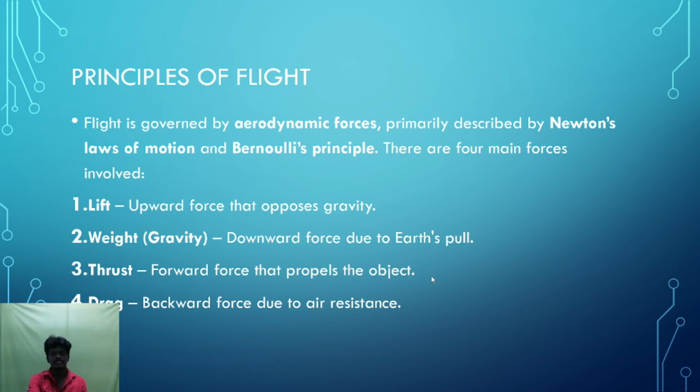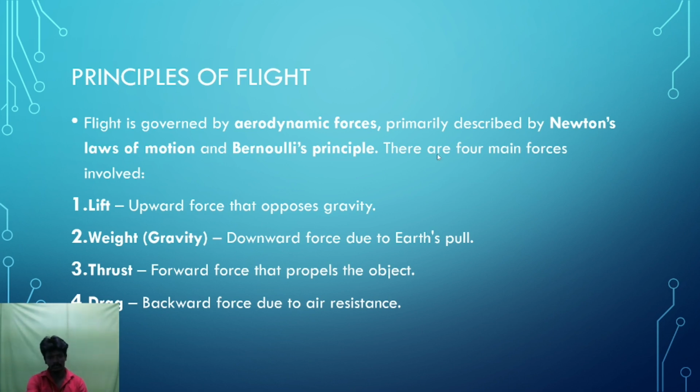Then the third one is thrust, the forward force that propels the object forward, very important, produced using engines. Then the fourth one is drag, the backward force due to air resistance. Drag has many types: parasite drag, form drag, wave drag, interference drag.